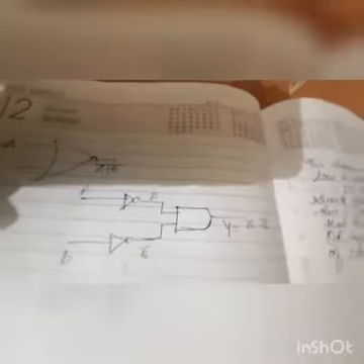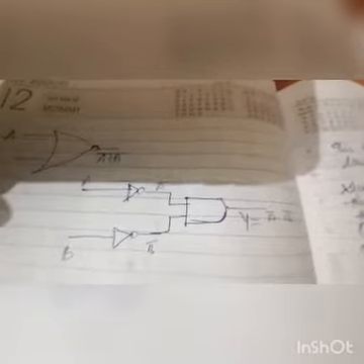Now we will study De Morgan's theorem. The first theorem says that (A plus B) the whole bar is equal to A bar dot B bar. This is De Morgan's first theorem. Two of the most powerful laws in Boolean algebra are De Morgan's.